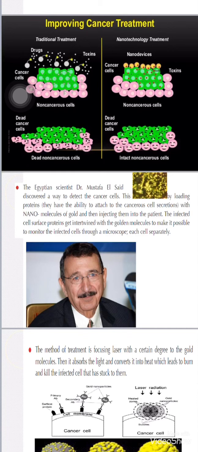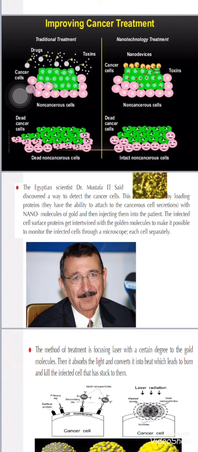Then he injected these proteins with the gold molecule into the patient's blood. What happens? The protein with the gold molecule moves in the blood of the patient until it reaches the cancer cells. So what happens when the protein sees the cancer cells? It attaches to the secretions on this cell. So when I look in the microscope, what will I see?